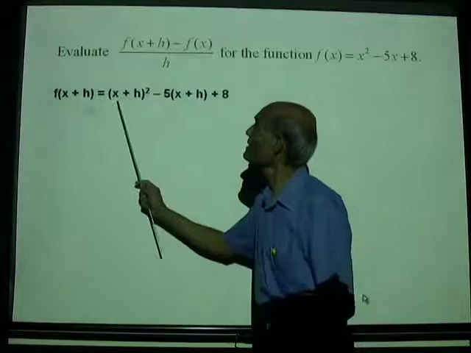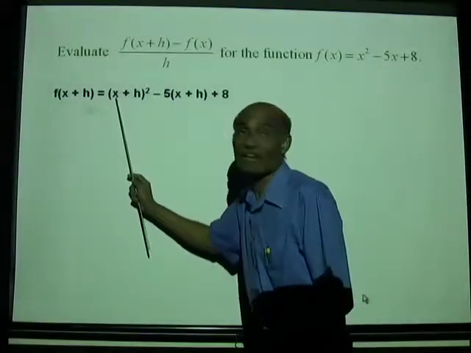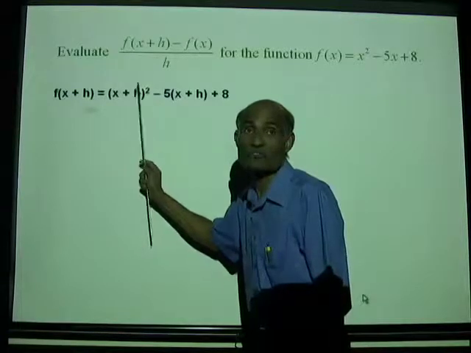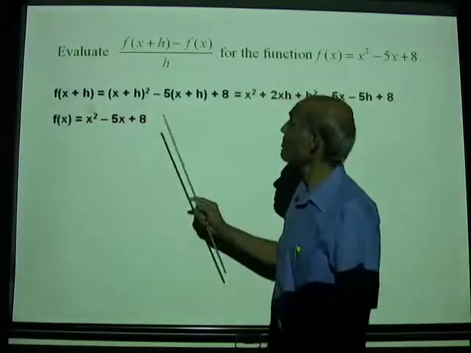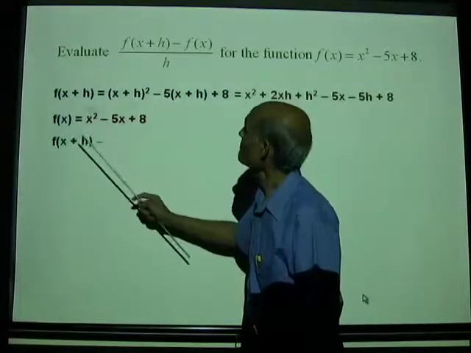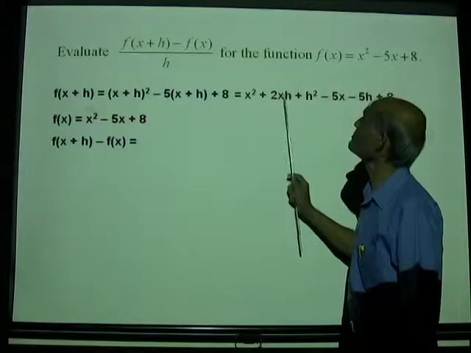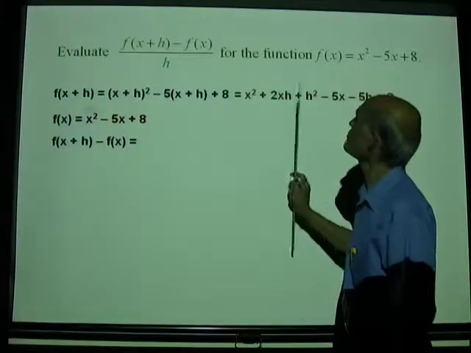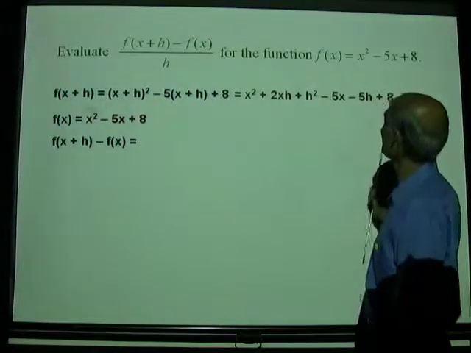Let's simplify that. Can you expand x plus h squared? It will be x squared plus 2xh plus h squared, and then minus 5x minus 5h plus 8.